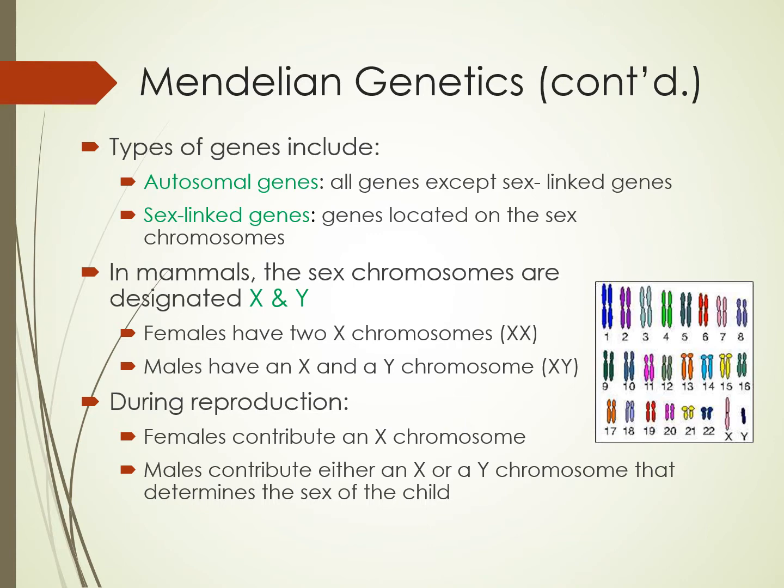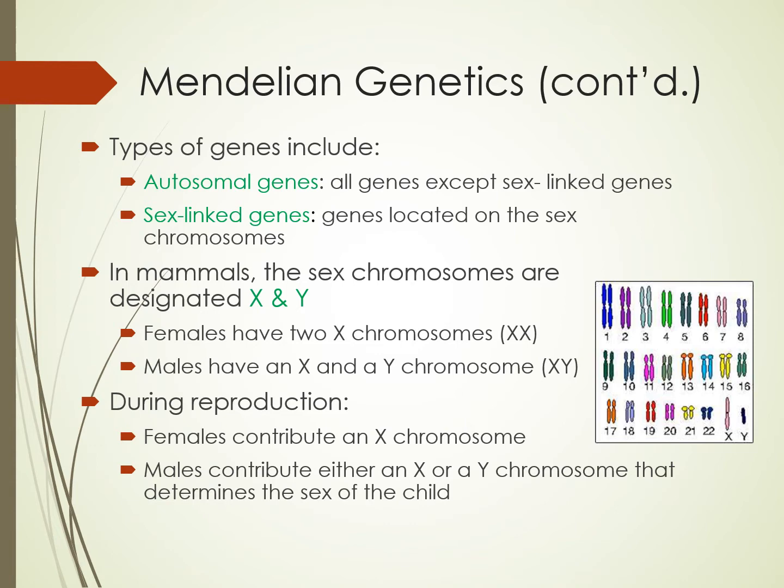We were talking about Mendelian genetics. In mammals, the sex chromosomes are designated X and Y. Females have two X's, males have an X and a Y. The two X's are each showing the strands of genetic material.